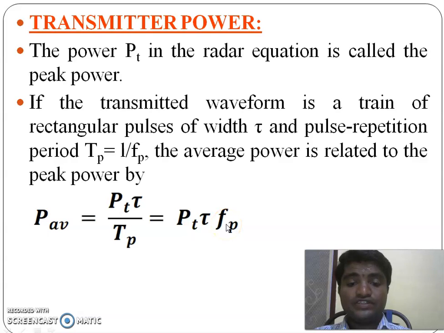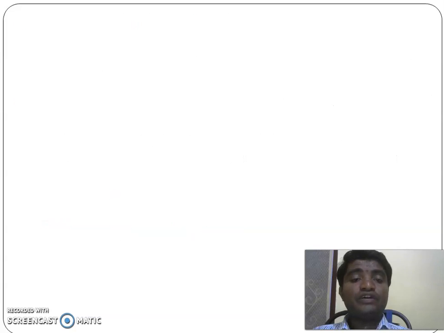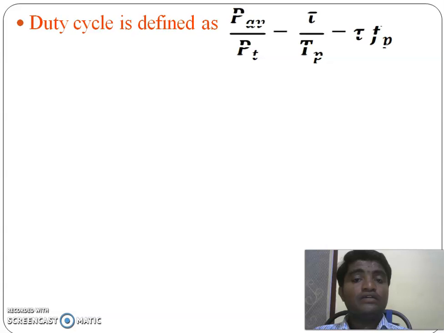From this equation, Pt can be written as P average divided by tau times Fp. Pt equals P average by tau Fp. This can be written in the modified radar equation.